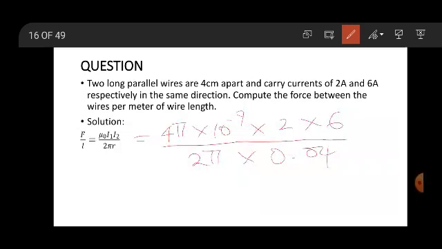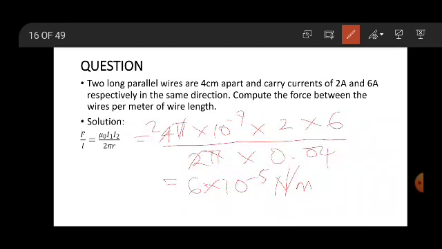Here pi cancels pi, 2 cancels 4 to give us 2, and when we divide, we have 2 times 10 to the power minus 7 times 2 times 6, and in the denominator we have 0.04. That will give us 6 times 10 to the power minus 5. So the force per unit length is 6 times 10 to the power minus 5 Newton per meter. For force per unit length, the unit is Newton per meter.